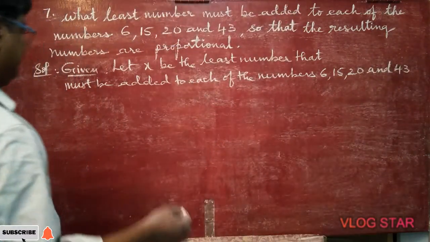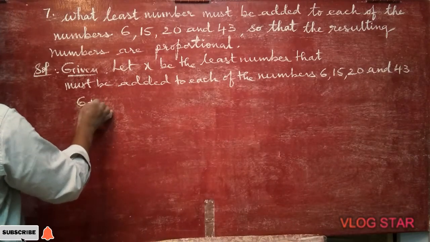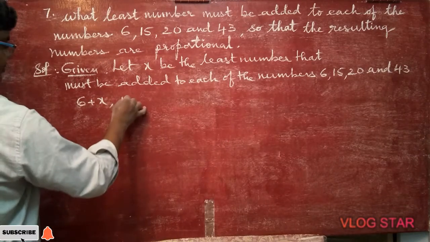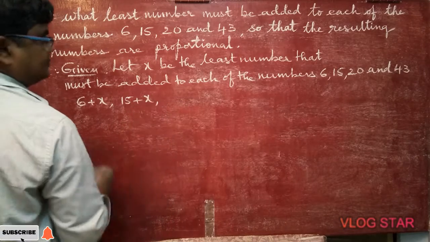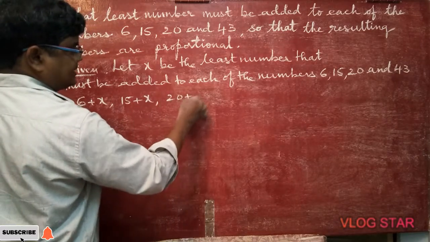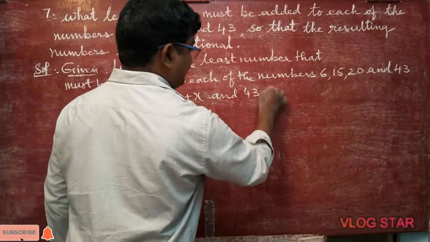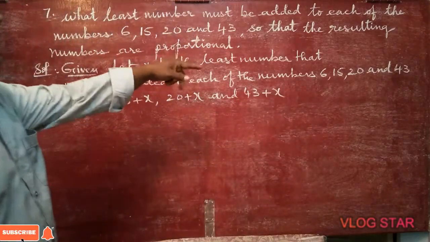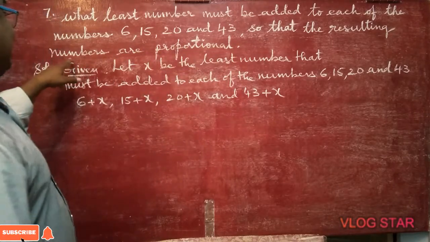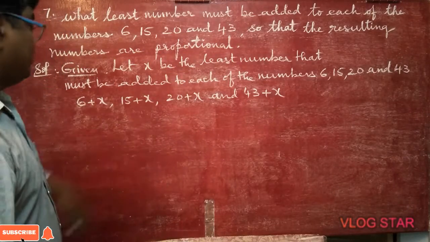So now I am adding 6 plus x, 15 plus x, 20 plus x, and 43 plus x. After adding, the resulting numbers are proportional.